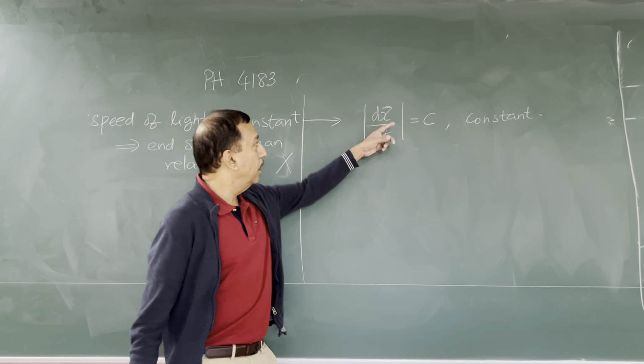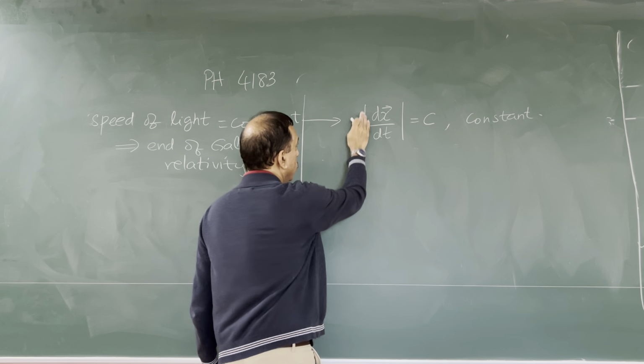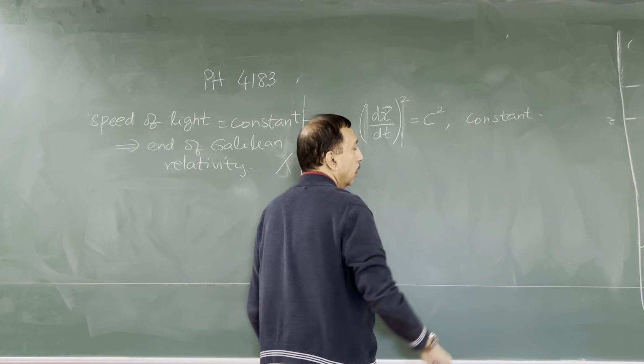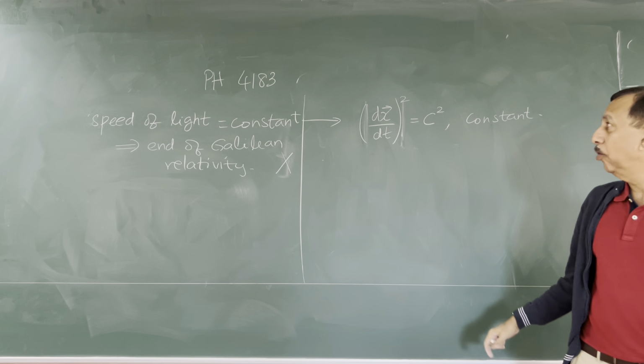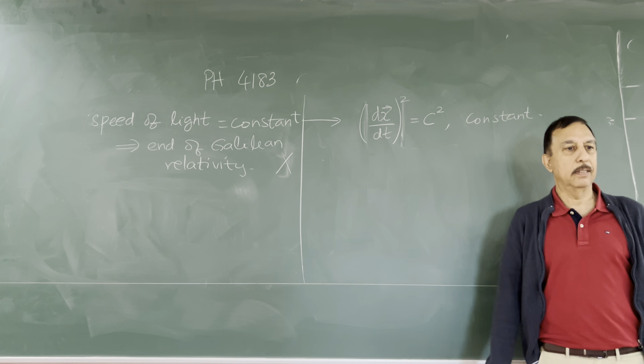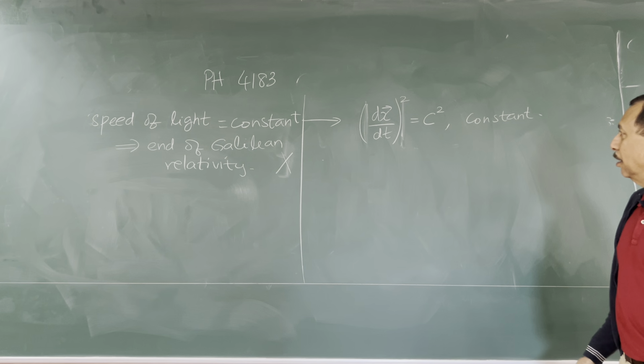Now taking this magnitude is a bit inconvenient, so it's better to just square this, and this is still true. Here it's a vector and we have squared it, taken its dot product with itself. So this equation is still true.